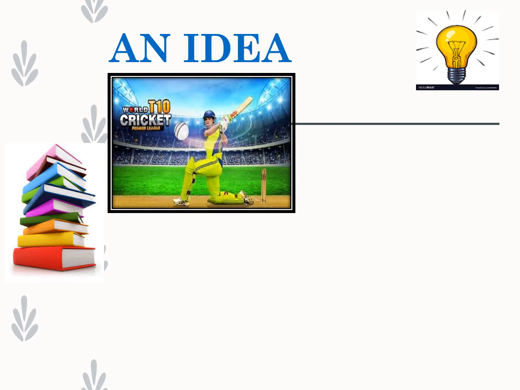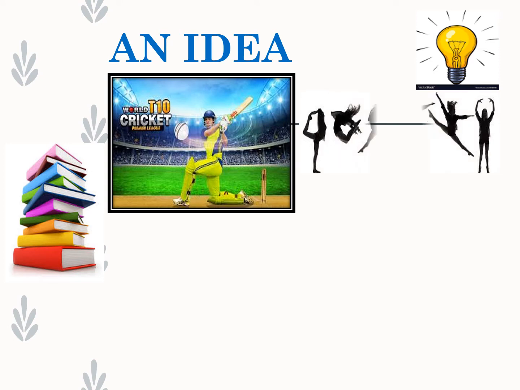From Test cricket, it came to one-day internationals, then 20 overs, 10 overs, and they are still having ideas and still changing things. The choreography today, dance, has become so big. Everyone enjoys watching and participating, and all stems from small little ideas.